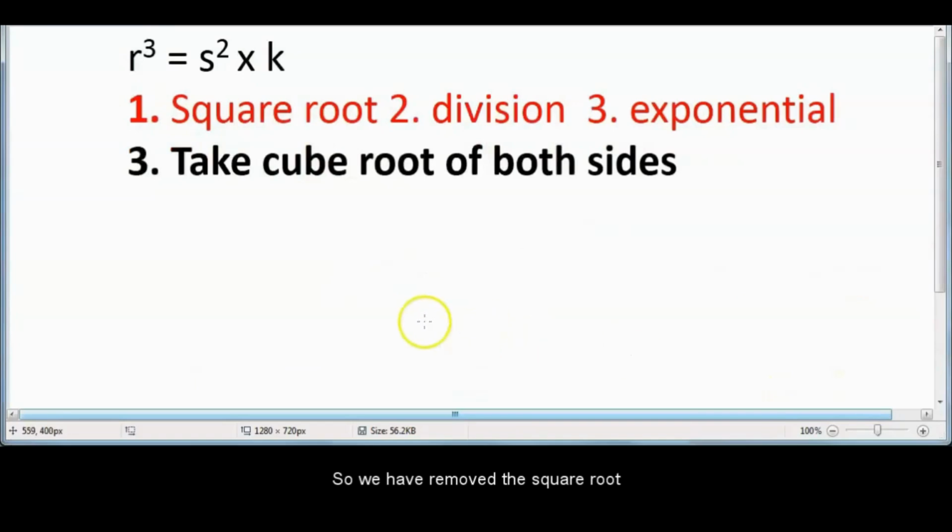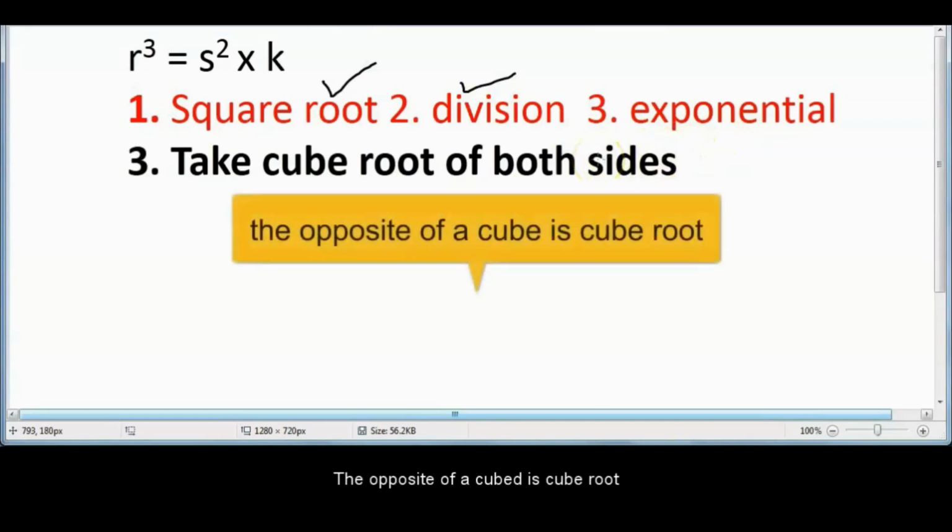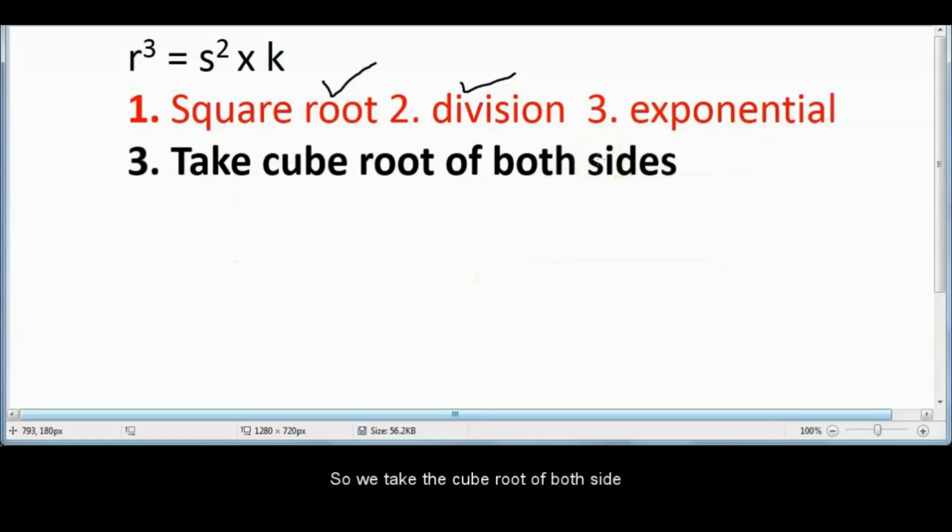So we have removed the square root. We have also removed the divisor. Next we remove the exponential value. R to the power 3 is known as r cubed. The opposite of a cube is cube root. So we take the cube root of both sides.